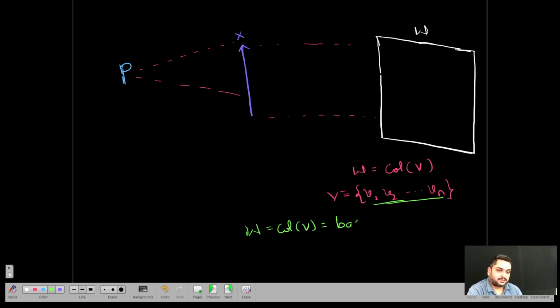It is the basis of the span of these vectors. It means I will take only those vectors which are linearly independent. This forms my subspace W. The subspace is the column space of V. Now let us assume there are some vectors.